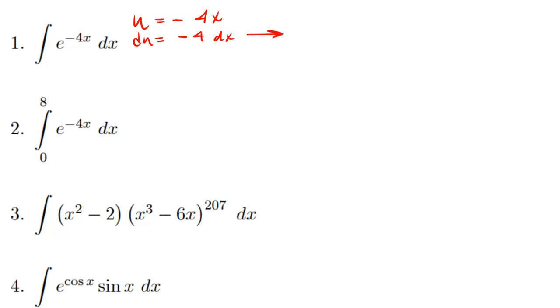Now, I could do one of two things. Noticing there's no negative 4 constant in the equation, I can either put one there and divide by negative 4, or I can just simplify this and call that 1 over negative 4 du is equal to dx. With that, I can then substitute into the original equation and get e to the u du with 1 over negative 4.